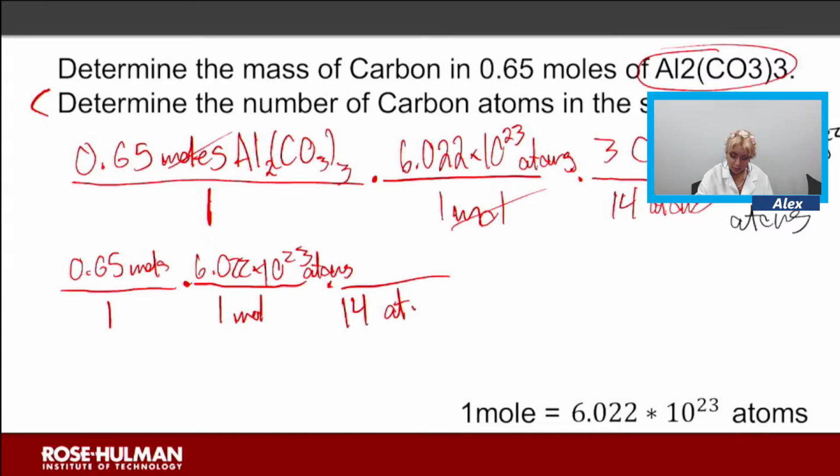And then get how many carbon ones there are per that, so same deal that we did before.